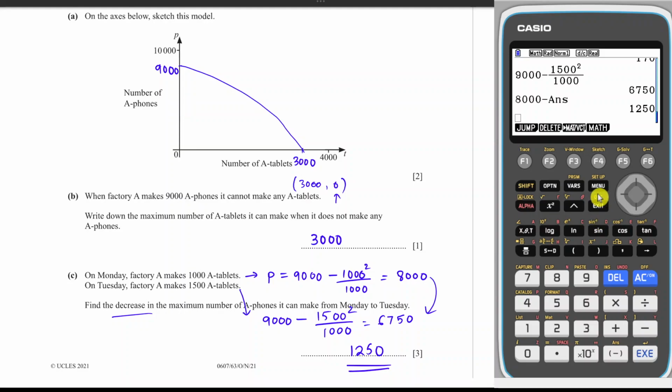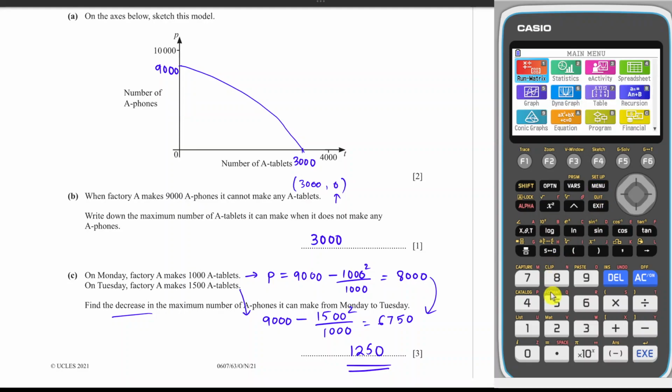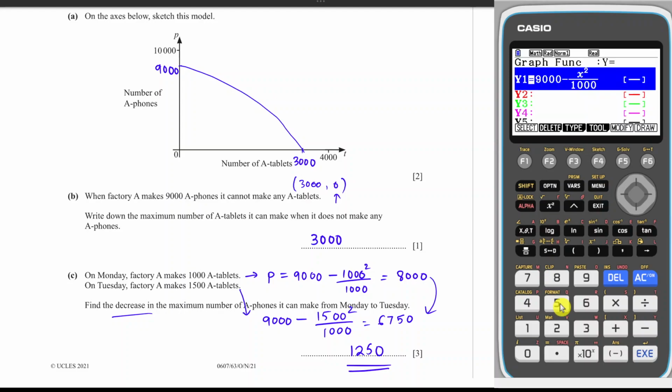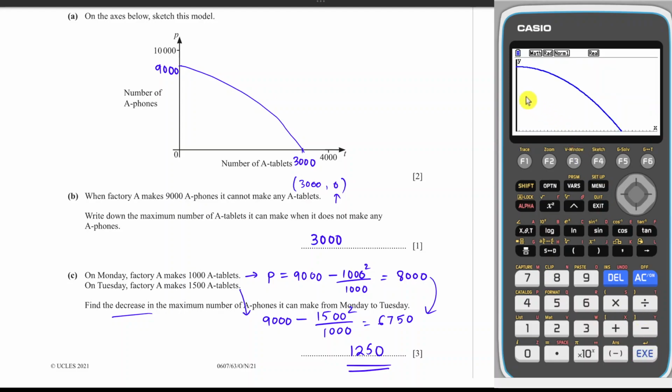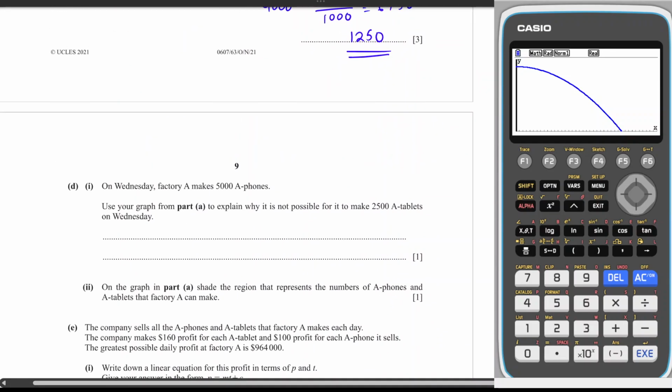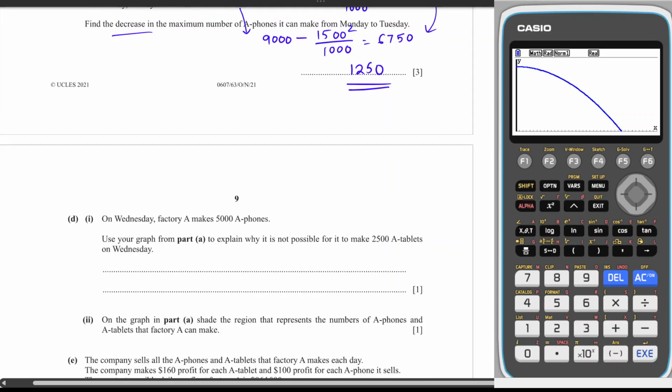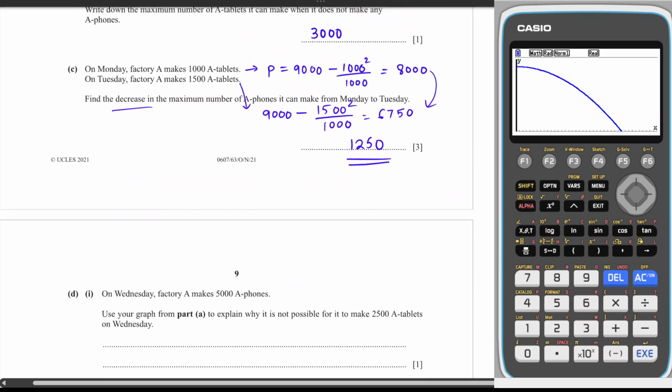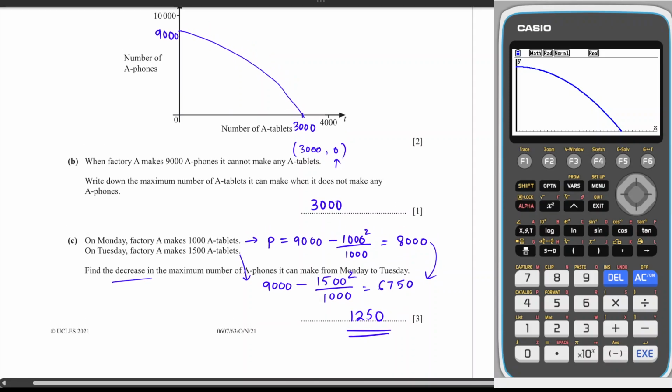We can just use our graph also again. So 5,000 is the number of phones. If it is 5,000 A phones, corresponding tablets I need to find out.